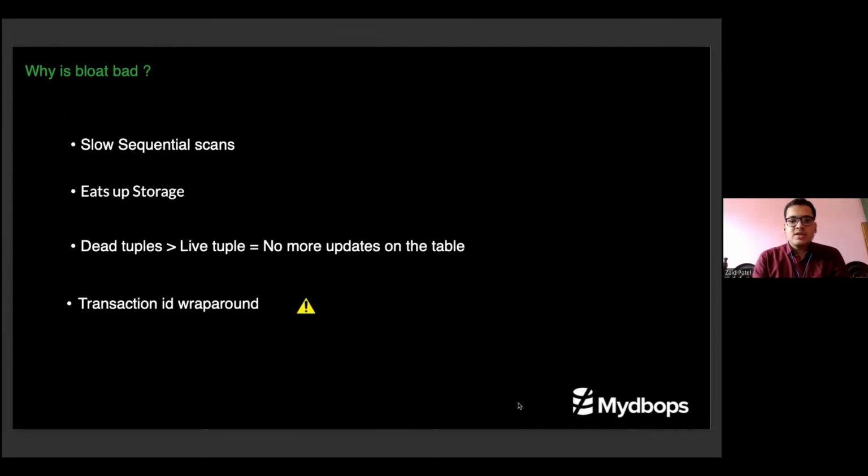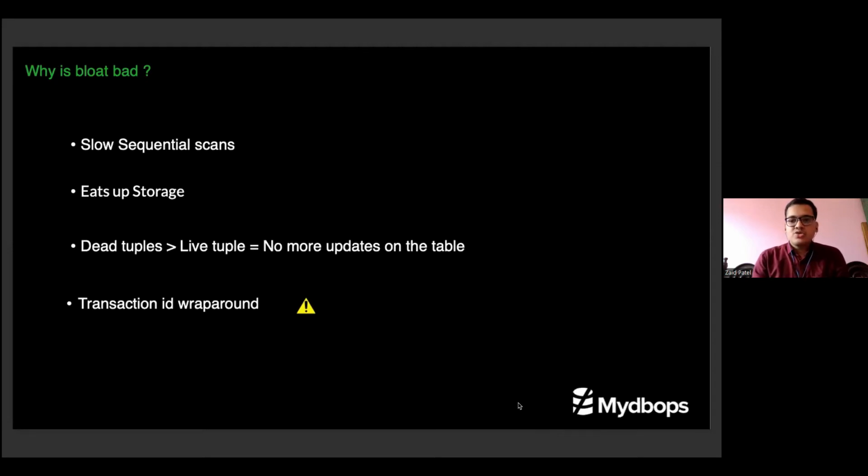The second thing is it eats up the storage, because the storage that was supposed to be cleared up after data removal is held up by the dead tuples. And the third thing is once the dead tuples increase in number more than the live tuples, we cannot update the table because no more transaction IDs are there.